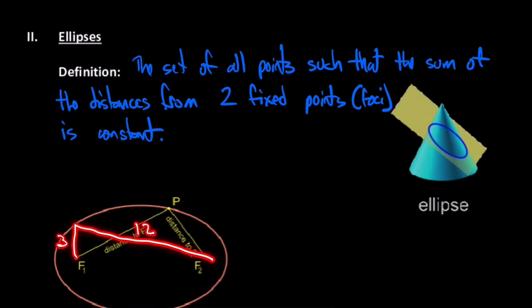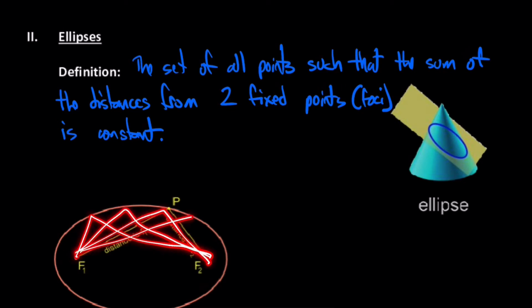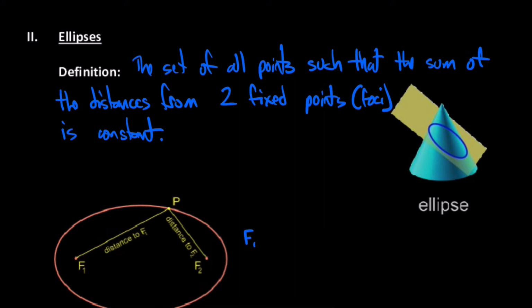Well, that still adds to 15. So you just keep doing that over and over and over again, and all of these points will form an ellipse. So if you wanted to write like a geometric statement, you could say the segment F1P plus the segment F2P equals a constant.